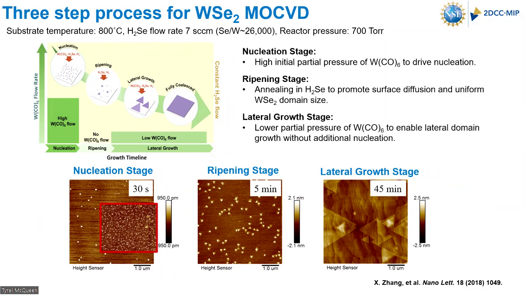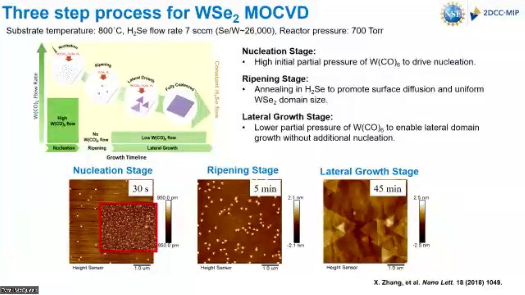So this is an example of tungsten diselenide epitaxy by MOCVD, where we developed this three-step process to grow on our sapphire substrate. So we have a nucleation stage where we introduce both the tungsten and the selenium source, and we get nuclei, like small clusters on the surface, right?